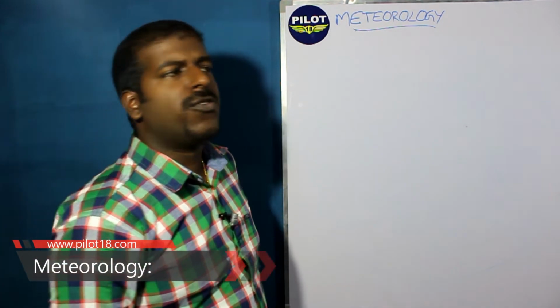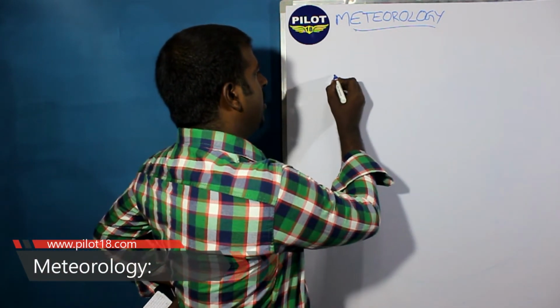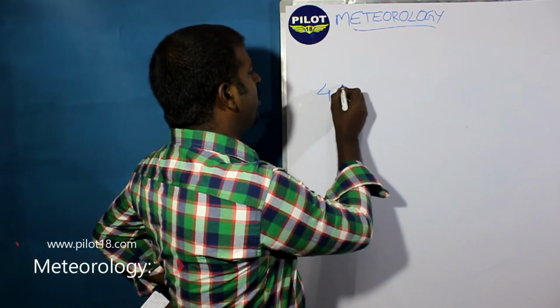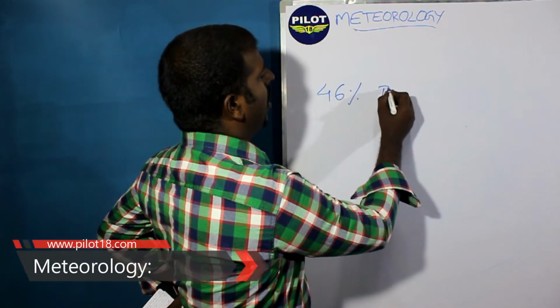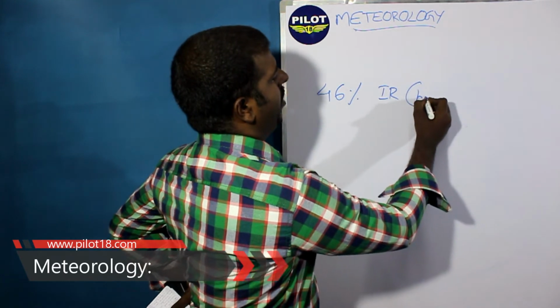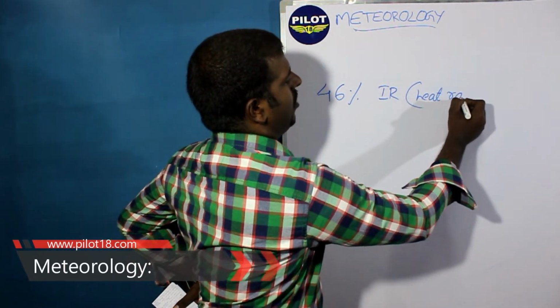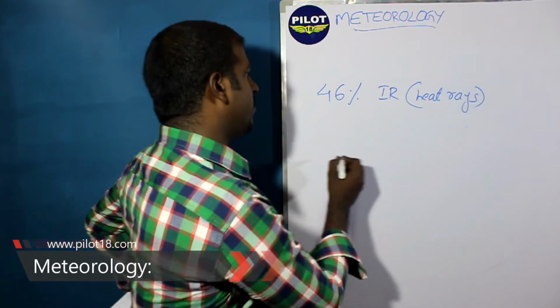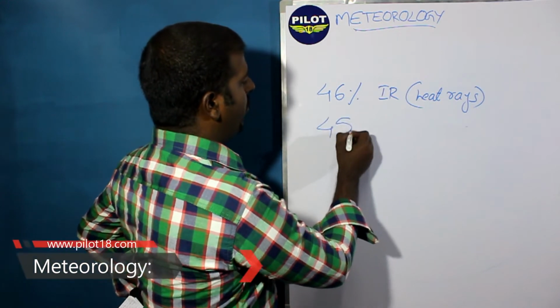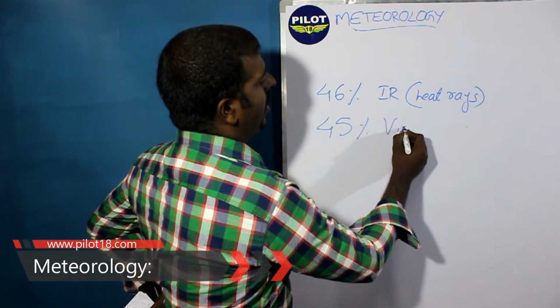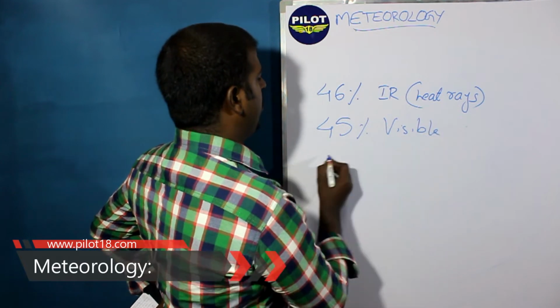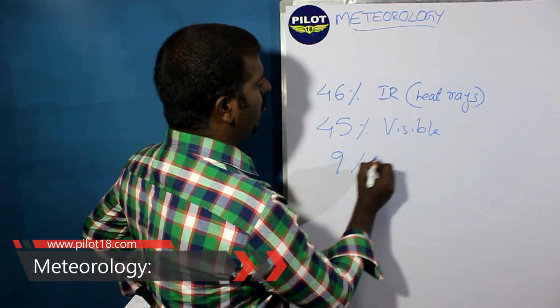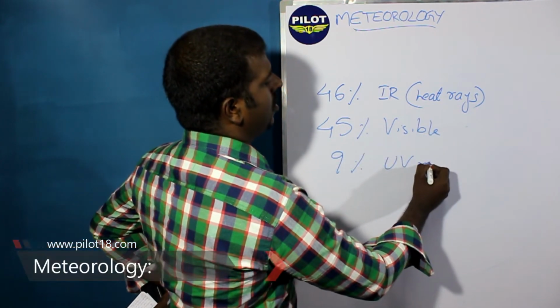And what is the content of solar radiation? It is 46% IR, heat rays. Then comes 45% visible light. Then comes 9% of UV rays.